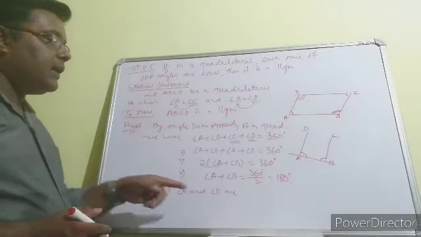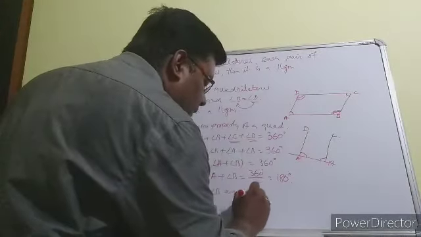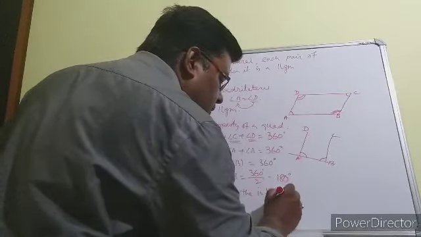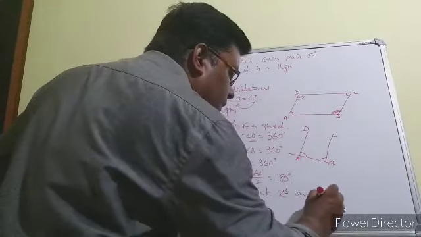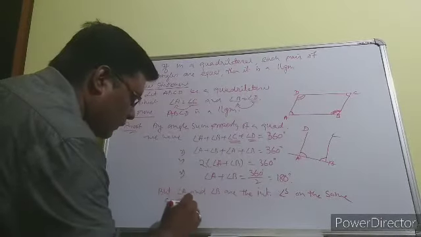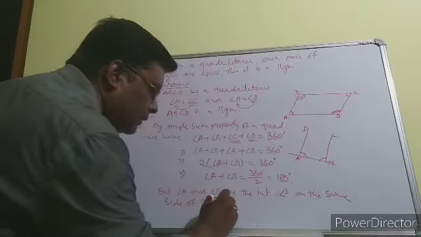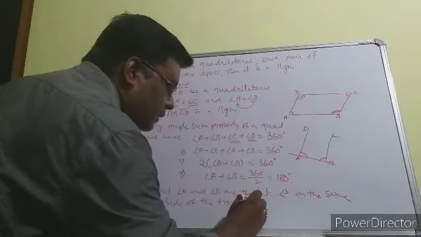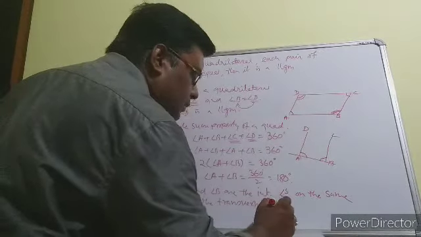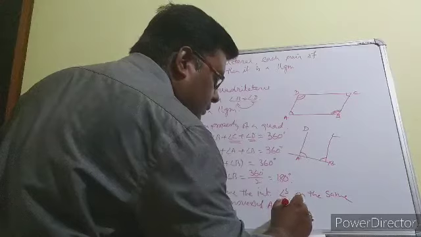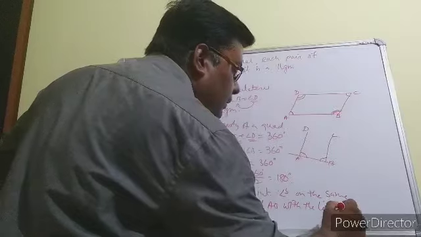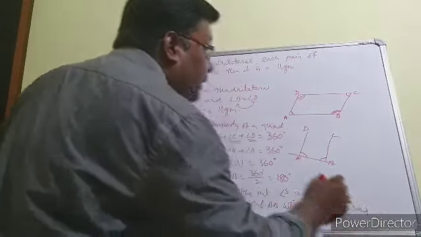So angle A and angle B are the interior angles on the same side of the transversal AB with the lines AD and BC.